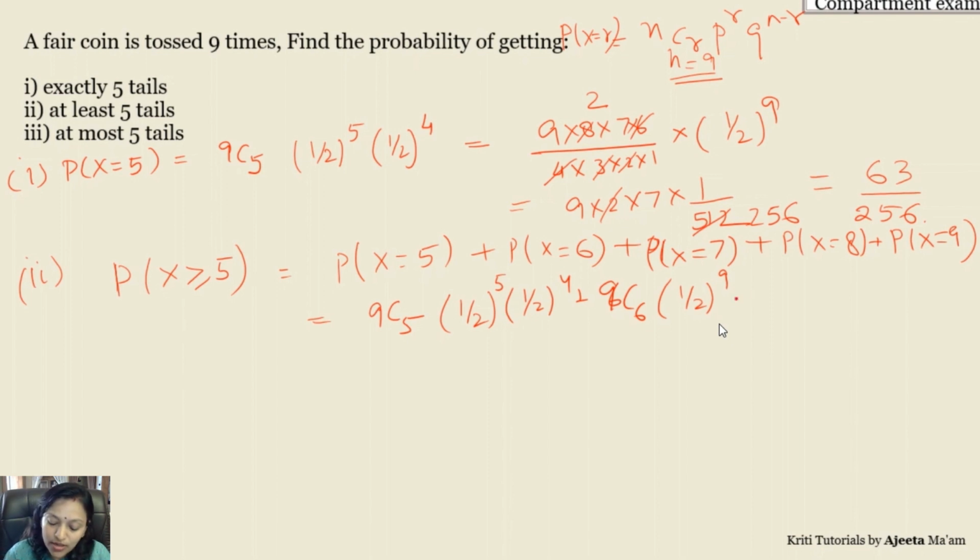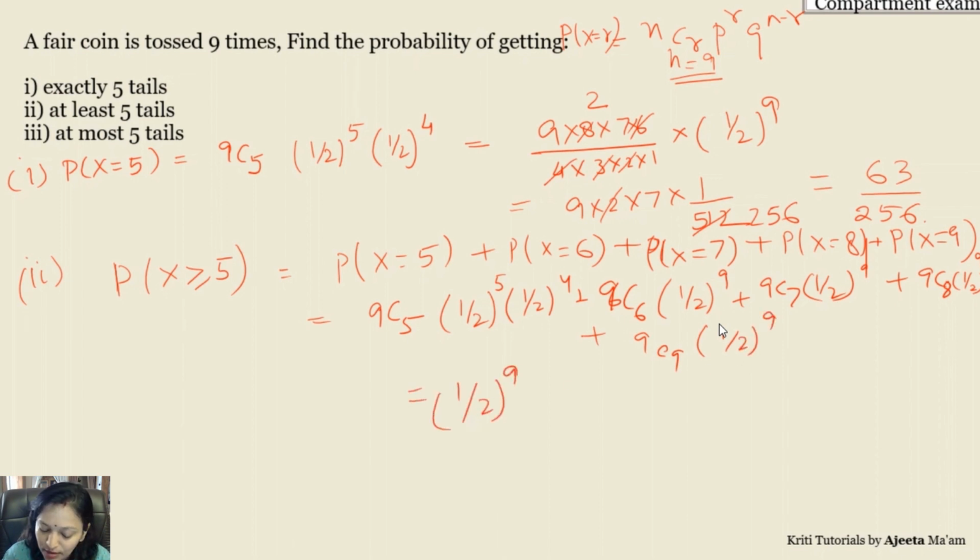So 1 by 2 raised to 9 will be taken common from all. That's the biggest advantage of the same probability, 50-50. When we have such a probability, it becomes the biggest advantage that we can take it common. And now we have to find the value of this and calculate.